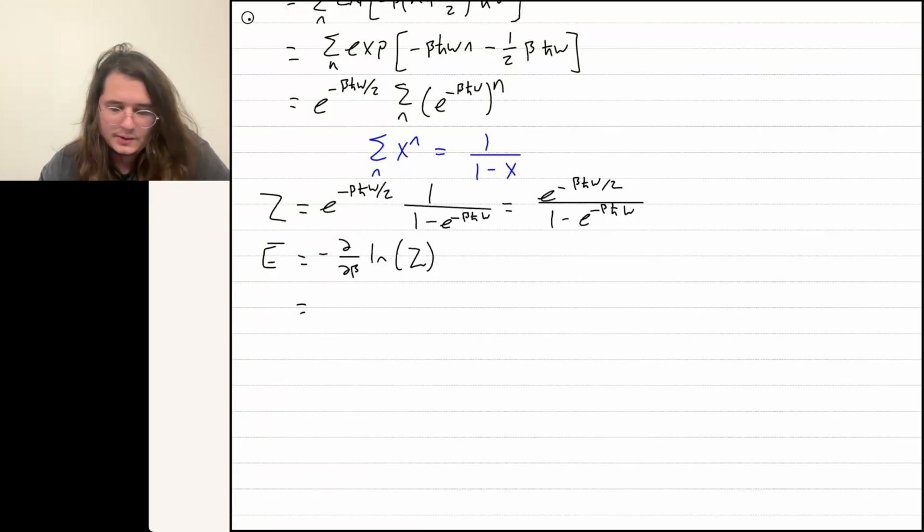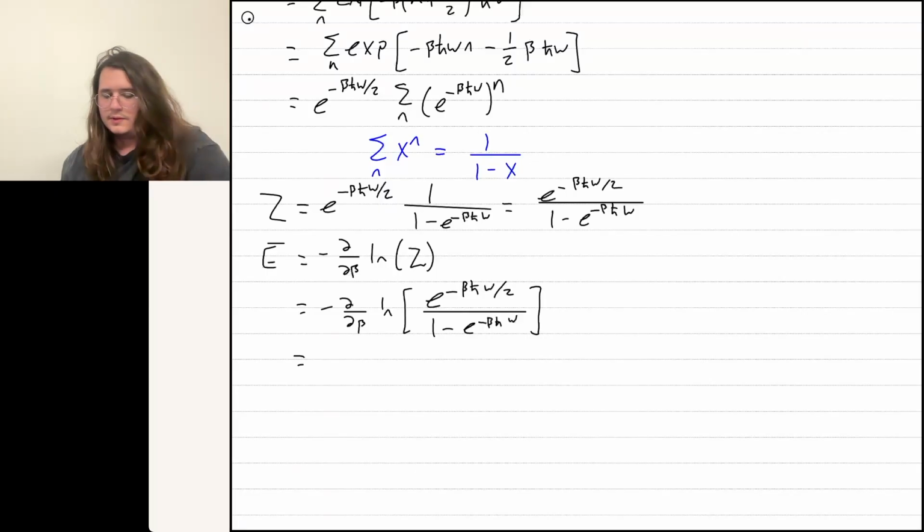So we're going to do minus del beta natural log of e to the minus beta h bar omega over 2 over 1 minus e to the minus beta h bar omega. Instead of going straight ahead with doing the derivative, let's try to simplify the natural log a bit using the rules thereof.